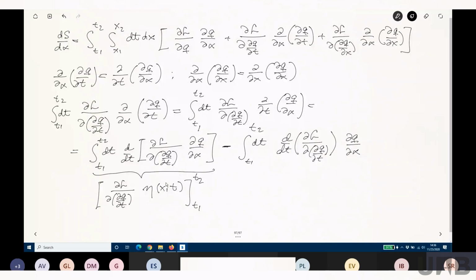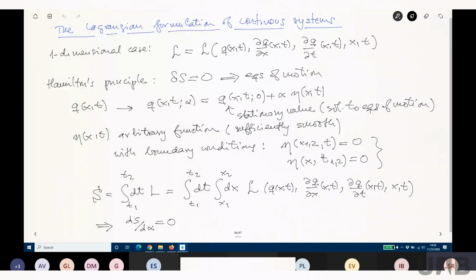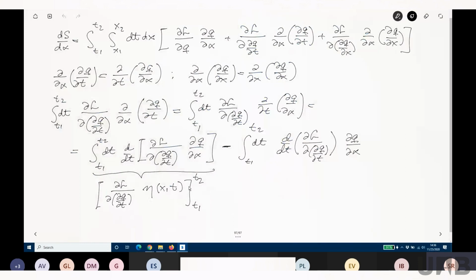But of course, remember the boundary conditions for this arbitrary function eta. It vanishes at both ends in time and also in space. And now it's time that matters, so this thing here is 0. So this term is 0. And the same thing happens for x, so we can repeat the same thing for x, and it's going to be the same.